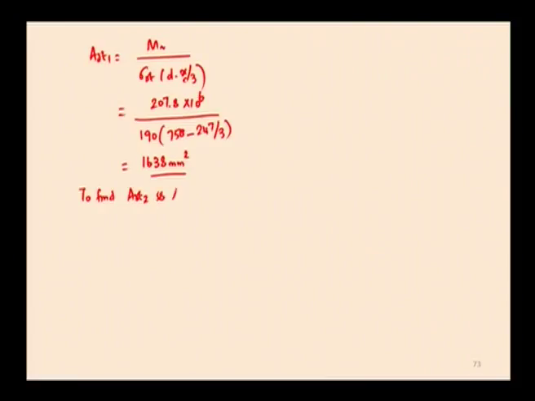Now, to find out AST2 and ASC for the excess moment. The excess moment, that is the remaining bending moment, M1 is equal to M minus Mr. M is given in the problem, that is M is 300. 300 minus Mr, Mr we have found 207.8.